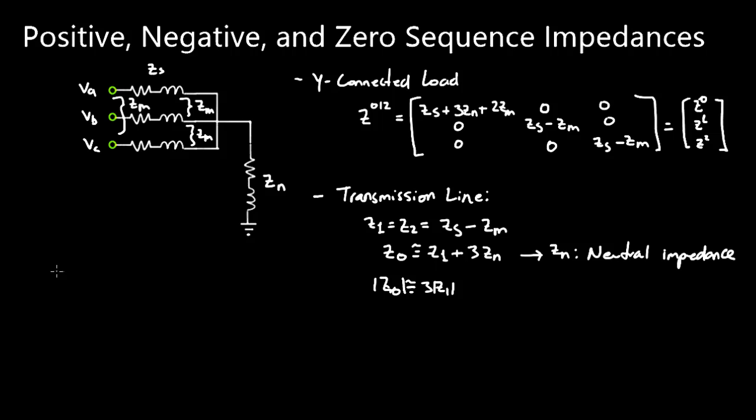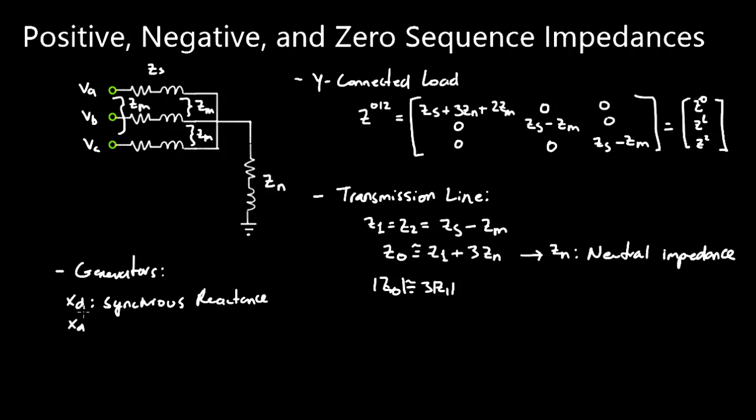Now the last thing I want to talk about is generators. So for generators, again, remember that for a generator we have what's called the synchronous reactance. That's abbreviated X sub D, so that's the synchronous reactance.